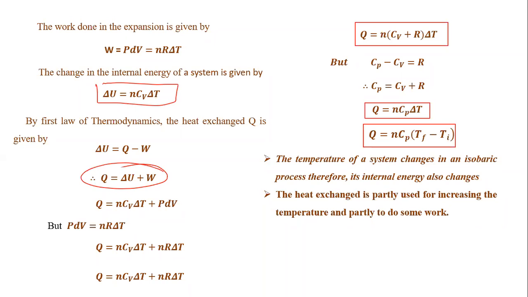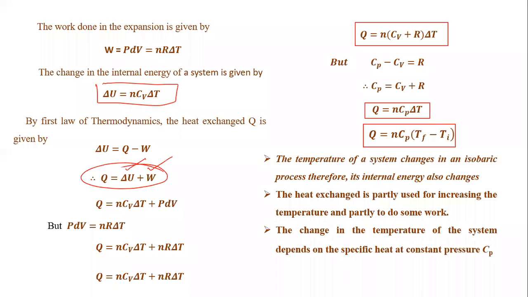Q is the heat. That heat supplied is utilized for what? Delta U means to increase the internal energy, and to do the work. The change in temperature of the system depends on the specific heat at constant pressure. You know that specific heat relation and the change in temperature relation.